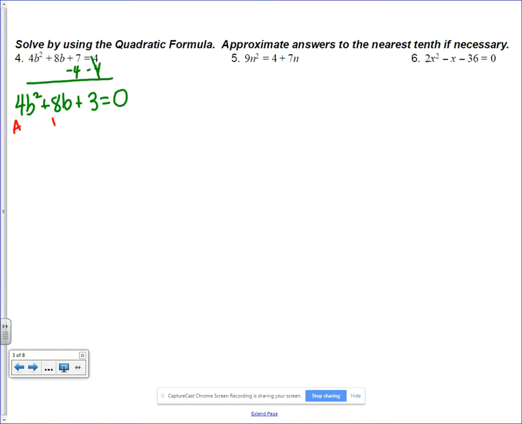The first thing you need to find is your discriminant. Okay. 16. Well, that's nice. Why is that nice? It's a perfect square. All right, so now we're going to fill in the rest of my formula over there.